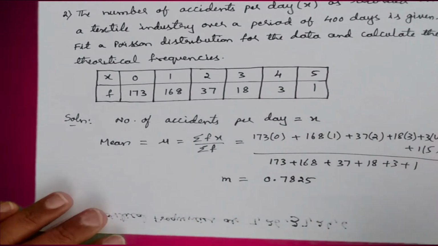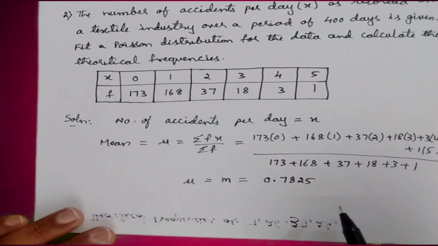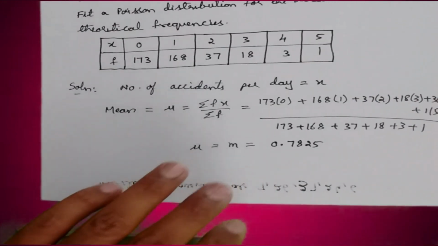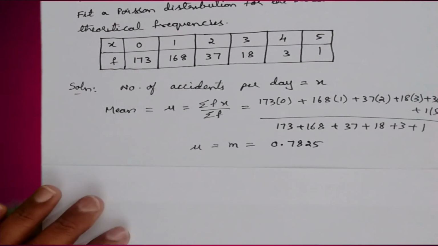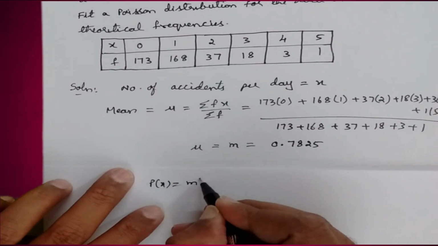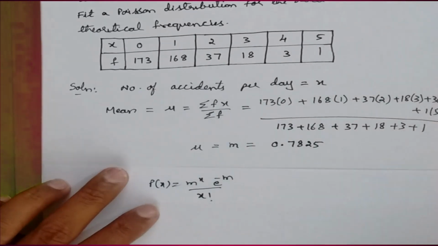If that is the case, the mean mu for the Poisson distribution will be m. So therefore we will be taking mean mu or m equal to 0.7825. Then if you consider the Poisson distribution probability function formula, we have p of x equal to m power of x e power of minus m divided by x factorial.